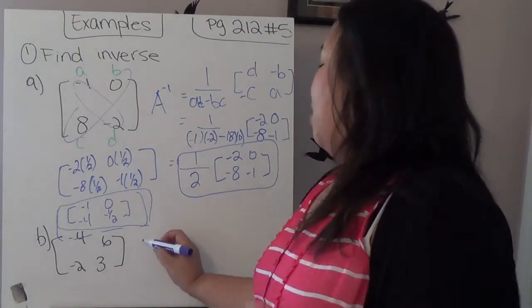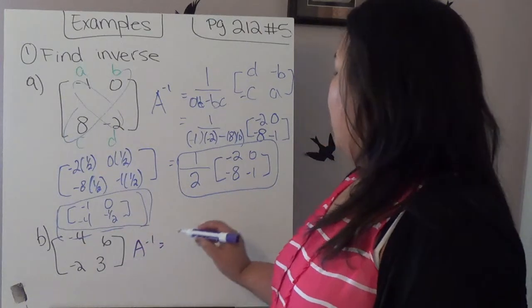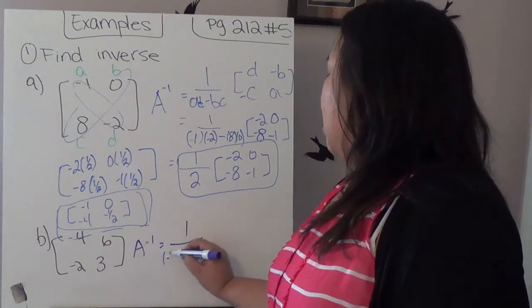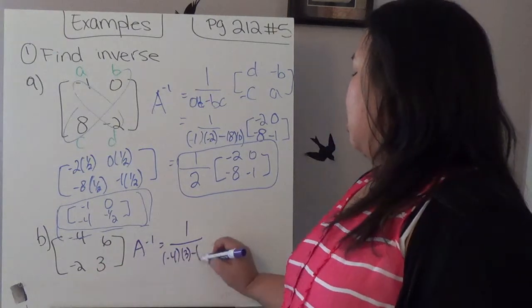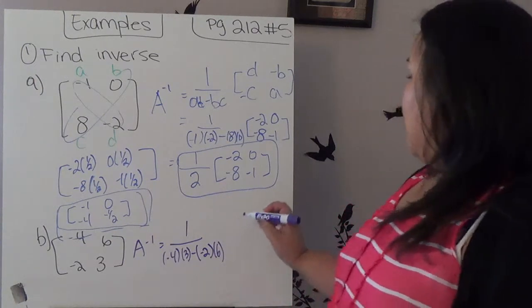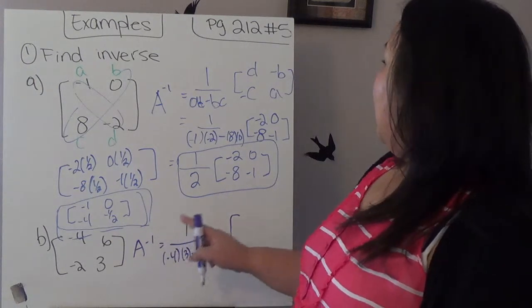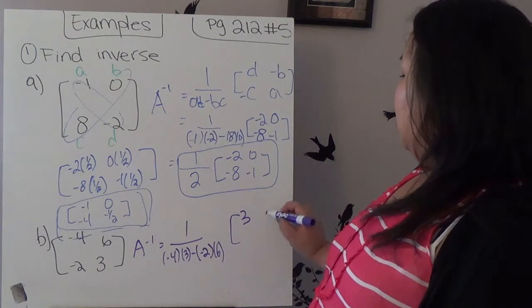Okay? We have the A negative 1. We have 1 over negative 4 times 3 minus negative 2 times 6, right? And we have D is 3. This is negative B, so negative 6.